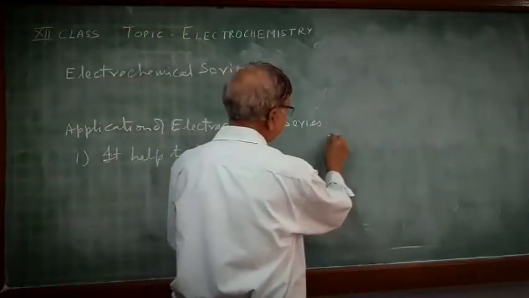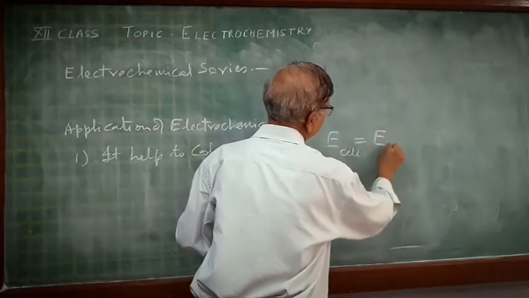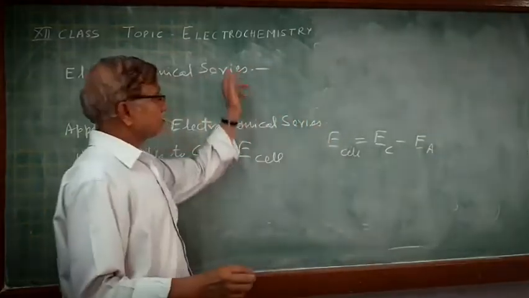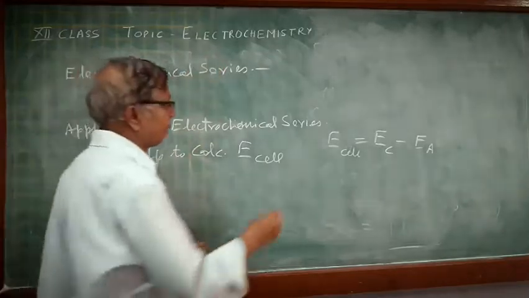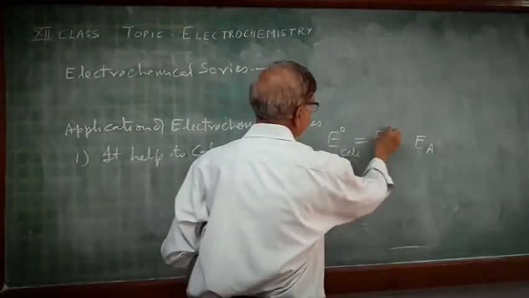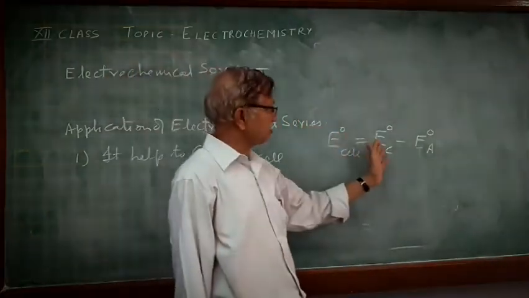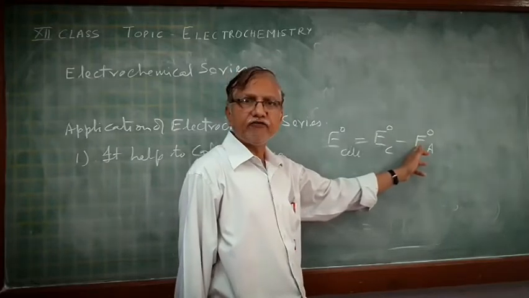For a galvanic cell, E cell equals E cathode minus E anode. Because the electrode potentials in the electrochemical series are in standard form, we have to take the standard electrode potential of the cathode and the standard electrode potential of the anode.